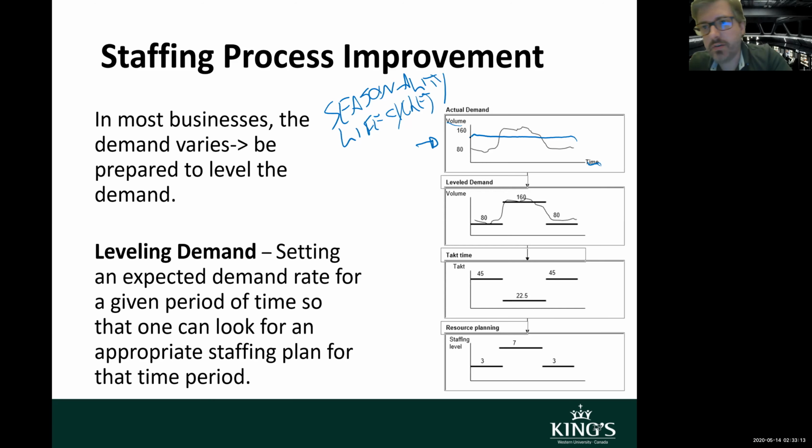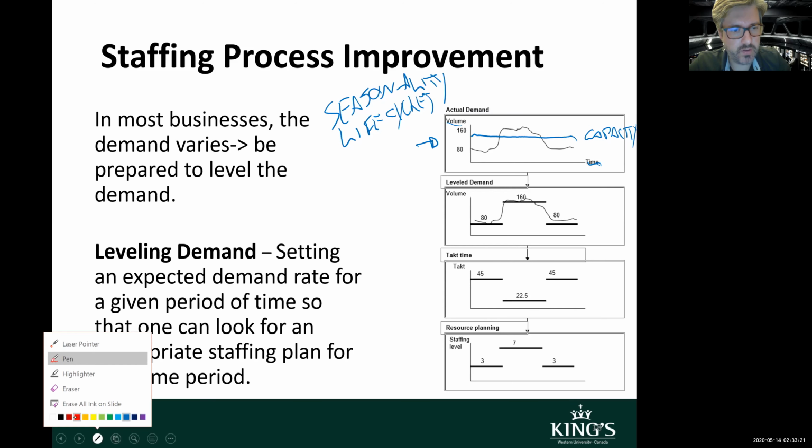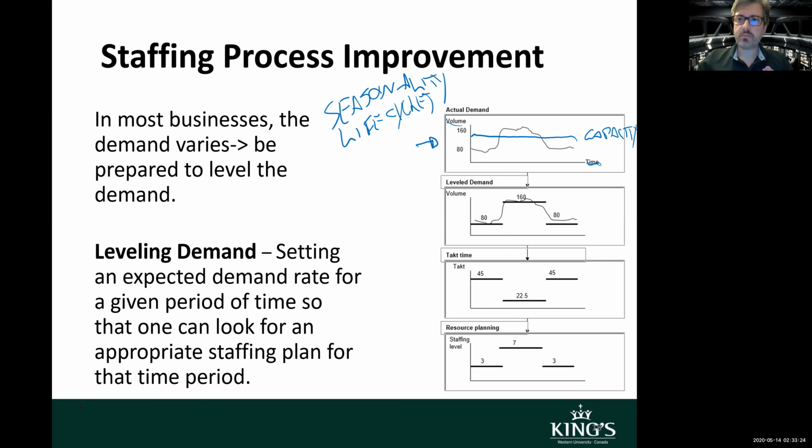And so if this is your capacity, I will tell you what will happen. Let me use the red ink right now. If you're creating capacity overall, in periods of low demand, all of this difference that you're producing right now is basically inventory that you will get to spend at a later time, right?